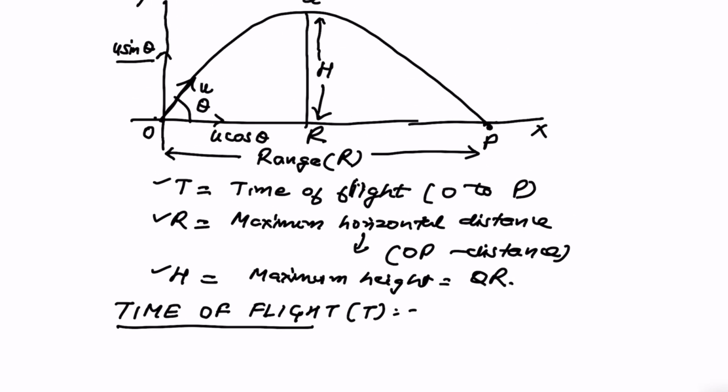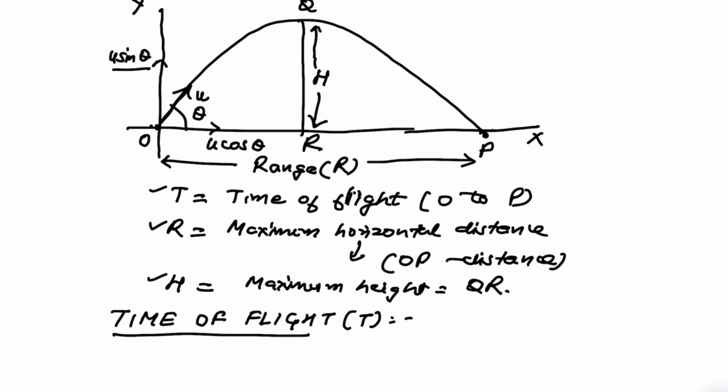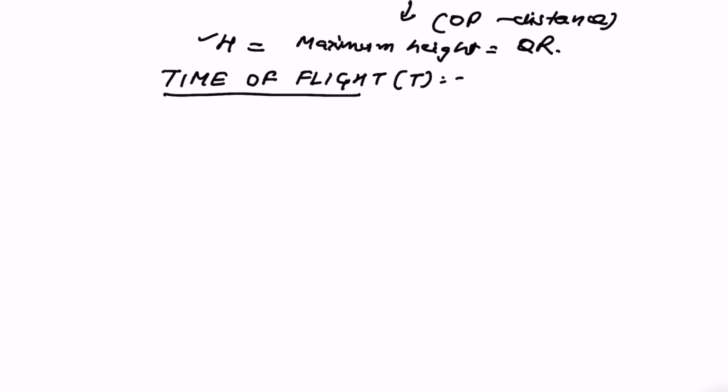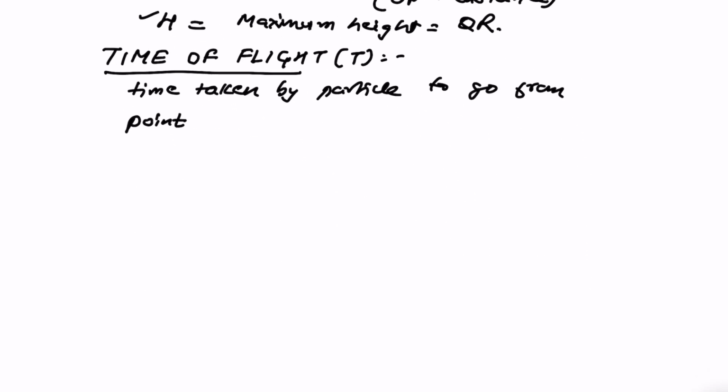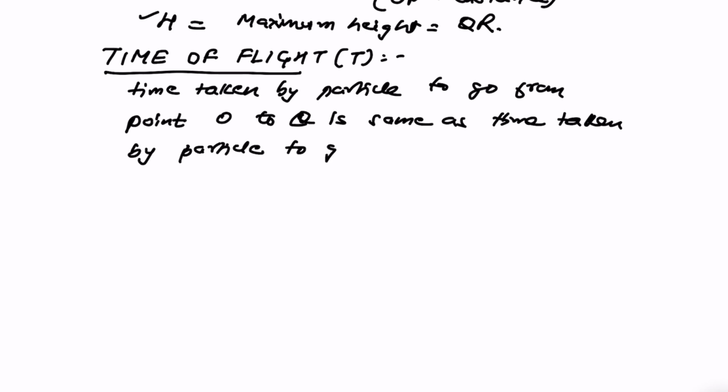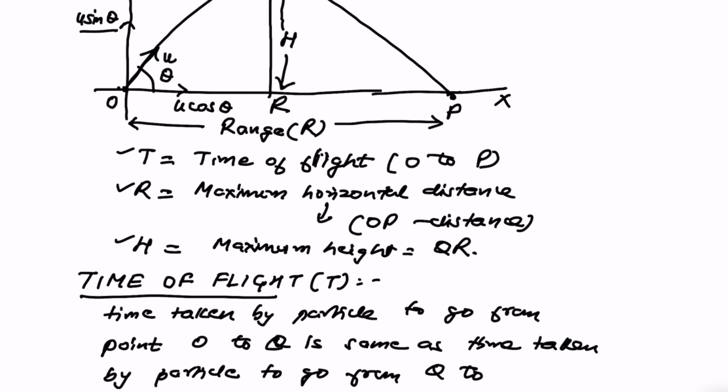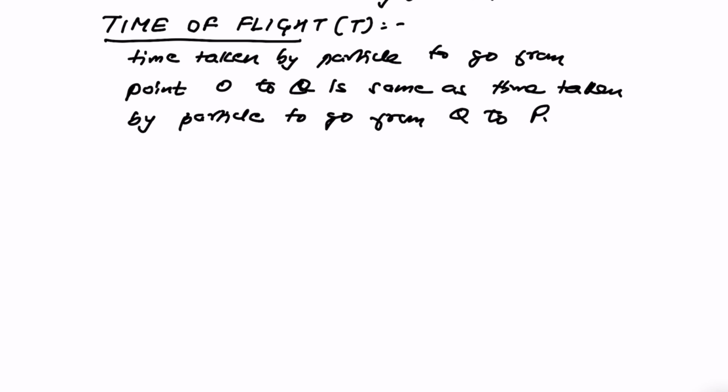Now it is observed that the time taken by the body to go from the point O to Q will be the same as the time taken by the body to come from Q to P. So in case we are able to calculate one of the times, then we can double it to get the total time of flight.